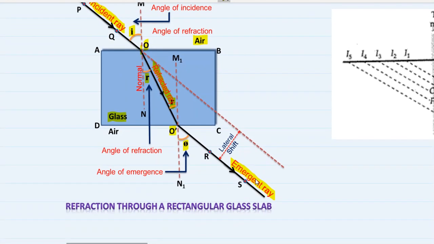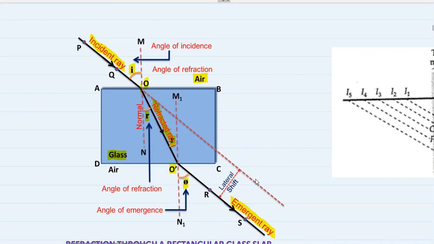Now the peculiar part in this whole experiment is that there is a lateral shift which can be observed very easily between the incident ray and the emergent ray. The incident ray and emergent ray have been laterally shifted.